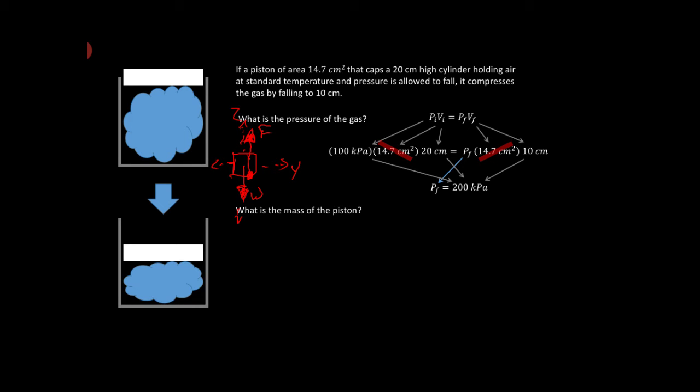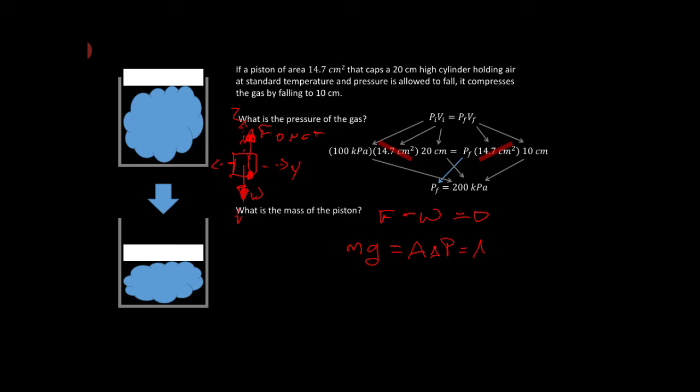So basically, if we read that free body diagram, we have everything going on in one direction. We have F going up, minus the weight going down, which is equal to 0. They balance. Once again, this is a Newton's first law problem, so the weight and the pressure balance, which means that the weight, mg, is equal to the force, which is the area times the change in pressure.